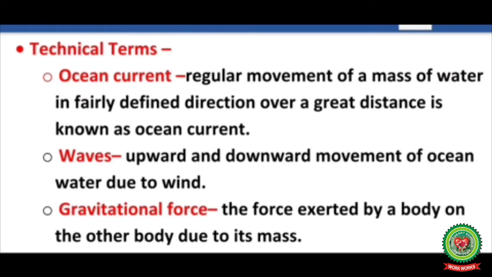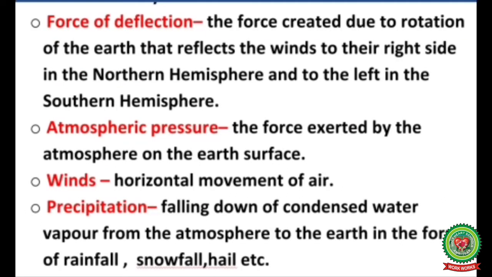The force exerted by a body on the other body due to its mass. Next we have the term force of deflection. The force created due to rotation of the earth that deflects the winds to their right side in the northern hemisphere and to their left side in the southern hemisphere.